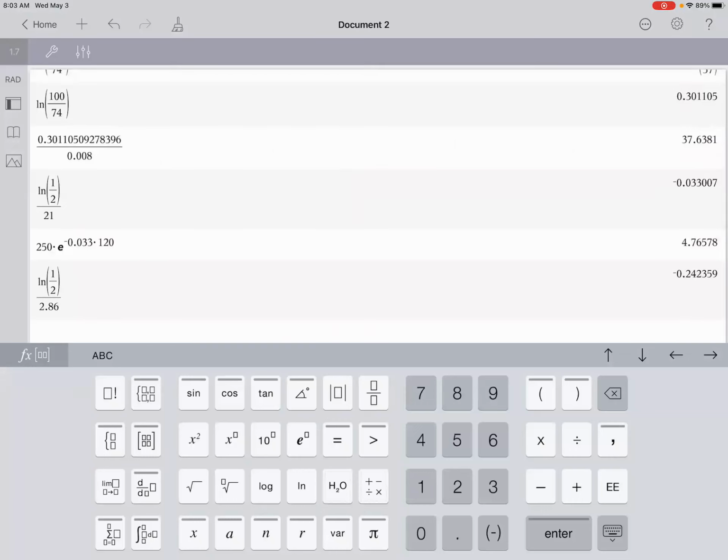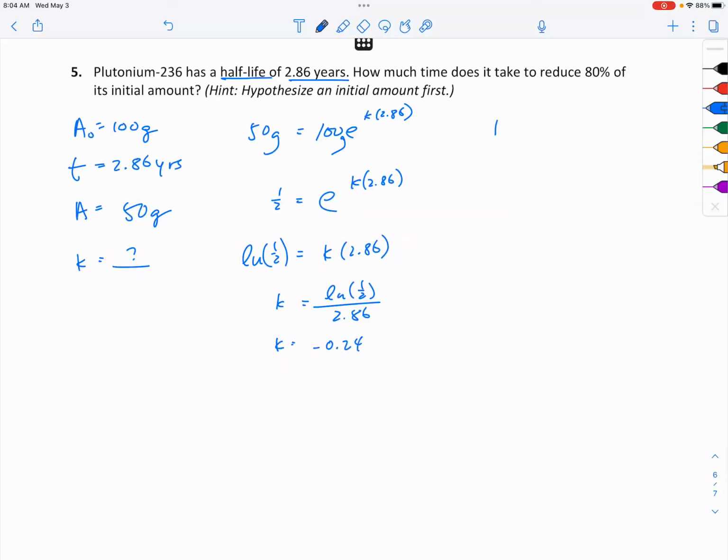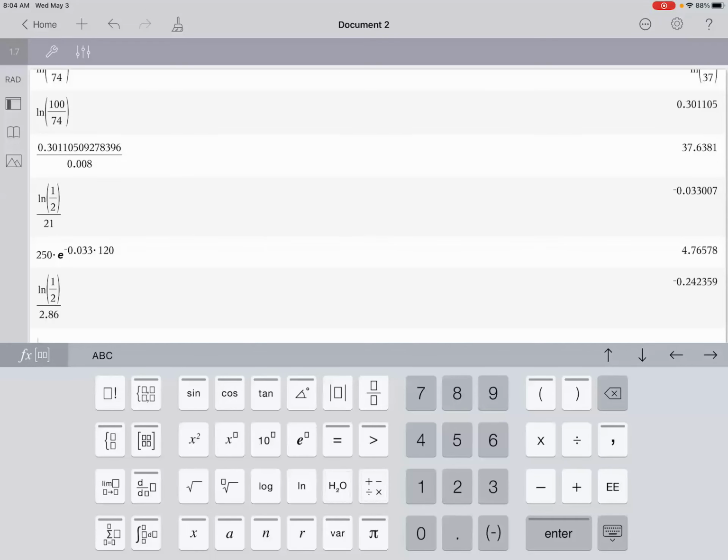That will be negative 0.242. So K is negative 0.242.